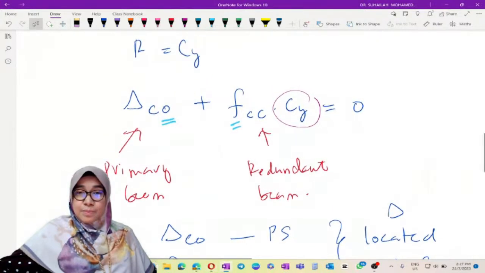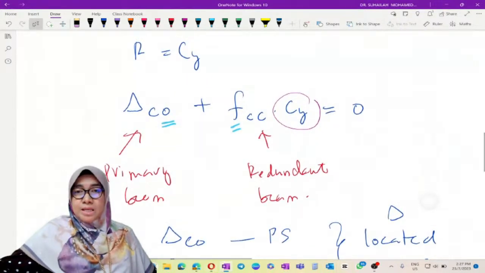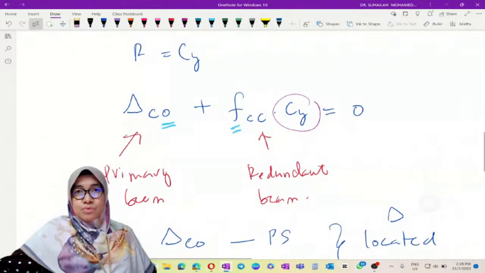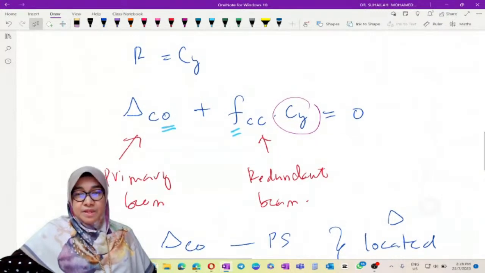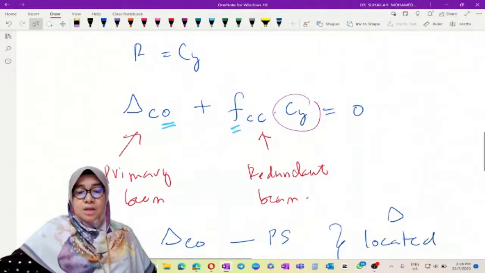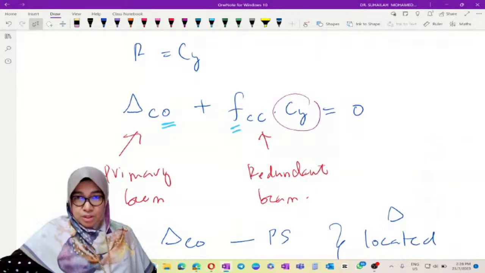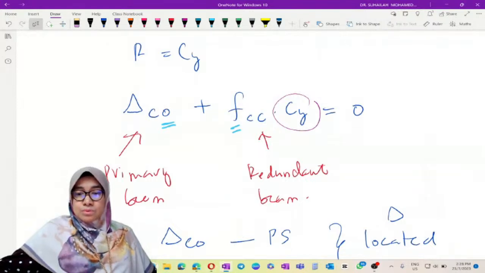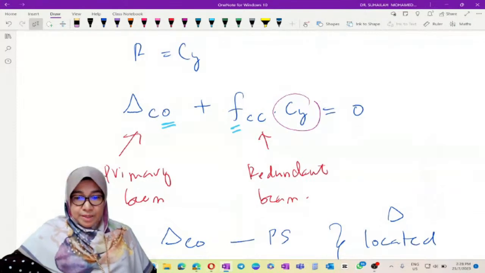So if CY is the redundant, we have to determine the vertical displacement or the deflection at position C. From the principle of superposition, we will determine the displacement at C position in the primary beam and in the redundant beam, in order to solve for the redundant.